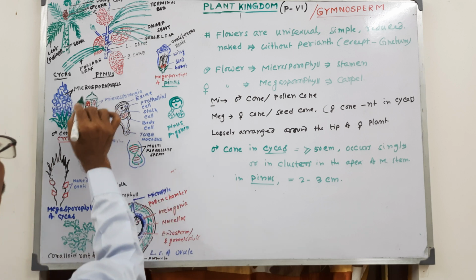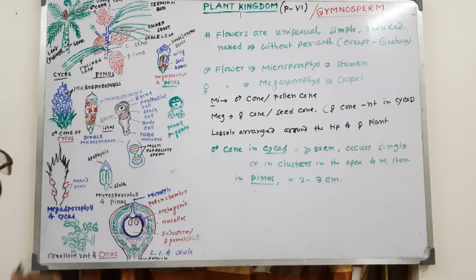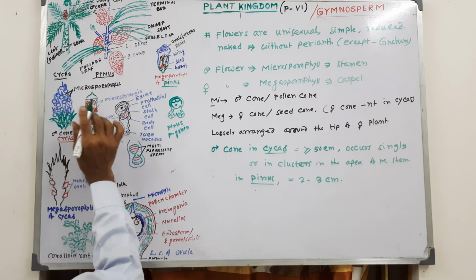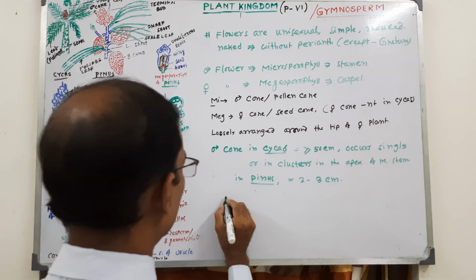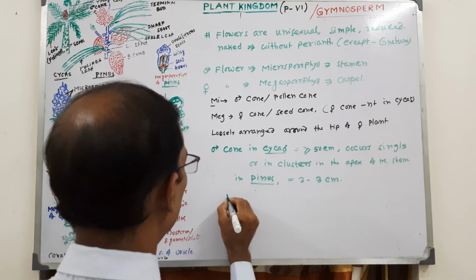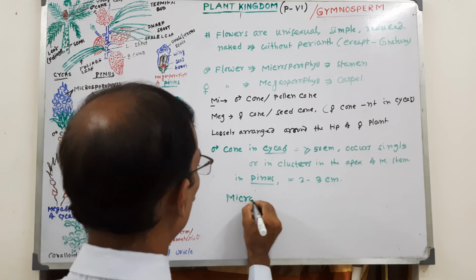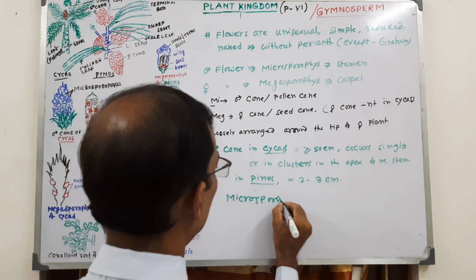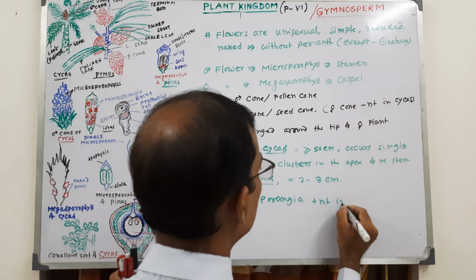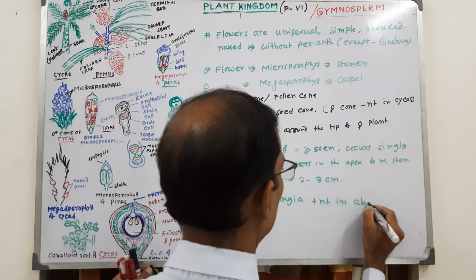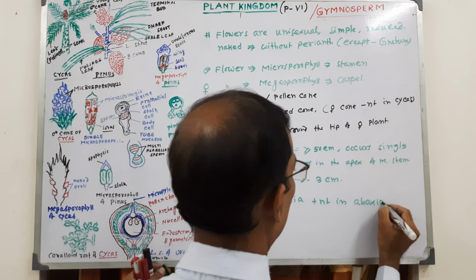The individual microsporophyll bears the microsporangia on the abaxial surface. Mind it, microsporangia are always present on the abaxial surface.